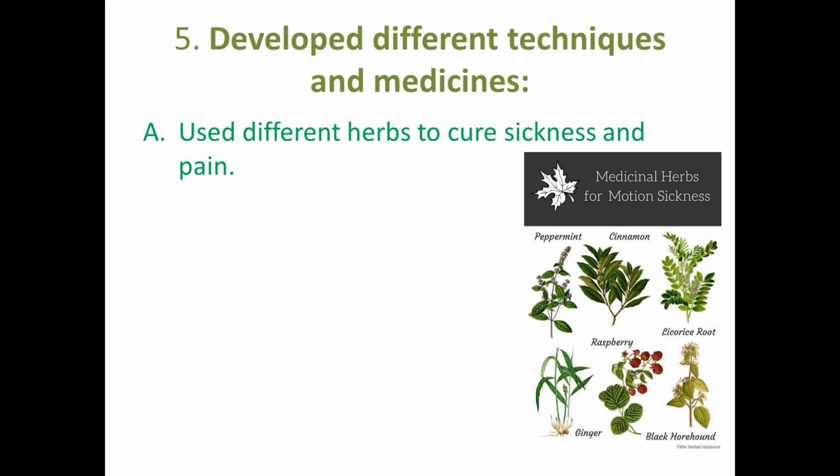And until nowadays in China, guys, medical herbs, what they call Chinese medicine, is all about herbs, and they believe in it in a very great way. All of their pills and medicine is all about herbs to cure sickness.